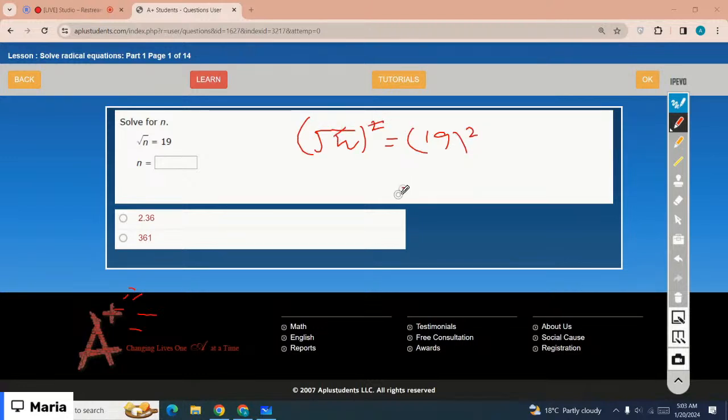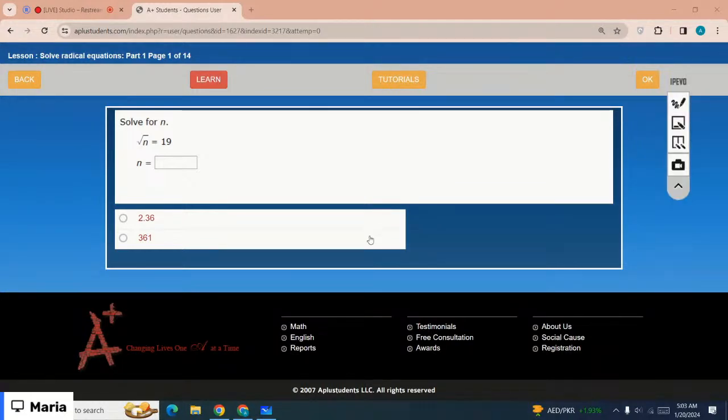Square and square root cancel out, you are left with n equals 19 squared, that is 361. The correct option is 361.